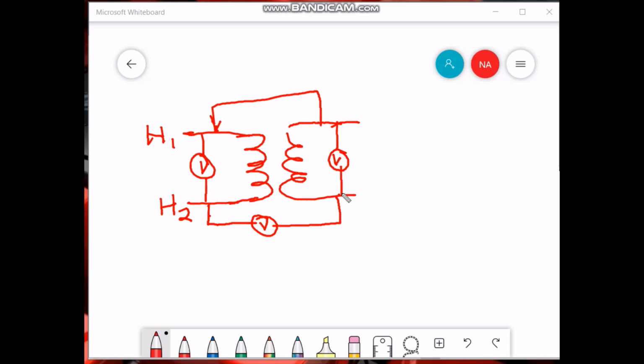So now the first question is, why are we shorting the primary and secondary side? Why are we doing this thing and this thing? We can redraw this circuit starting from H1. We have this winding, then we have this point and this point.